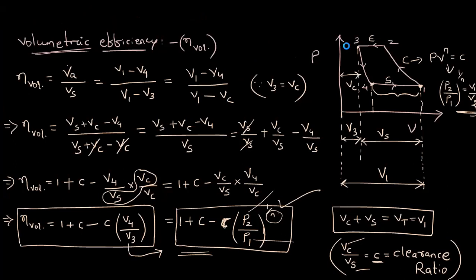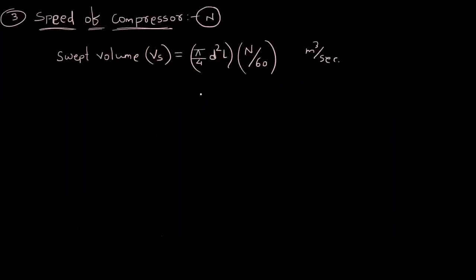Pi by 4 d square L is the swept volume, and if we multiply by N and divide by 60, we get the volume flow rate in meter cube per second. From this formula we can find the N value, because our aim is to calculate the speed of the compressor N.